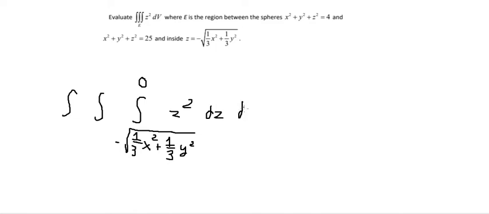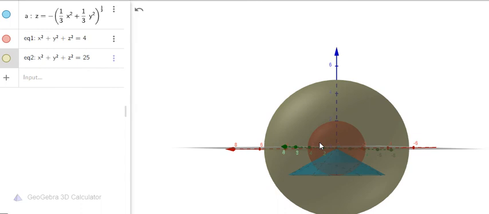Now we go to dy. After we finish dz, we move to dy. In this situation, z equals 0, so we just have x squared and y squared. If we look carefully, they go between two spheres in here.